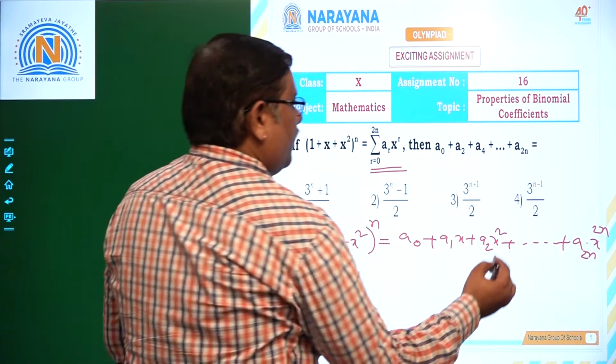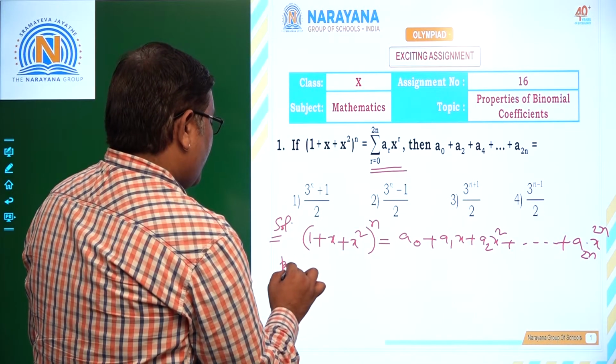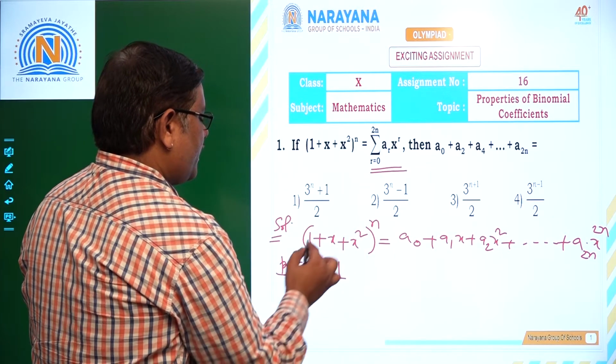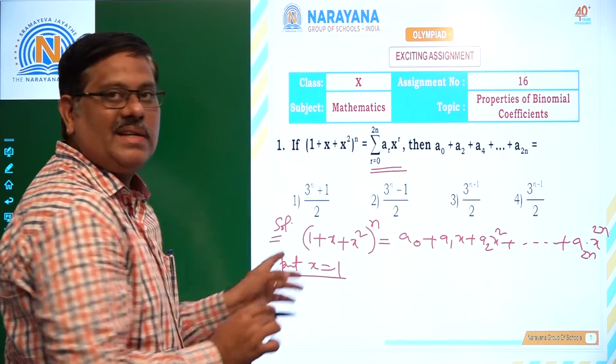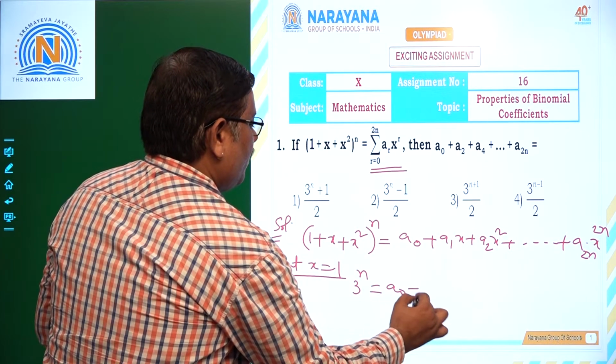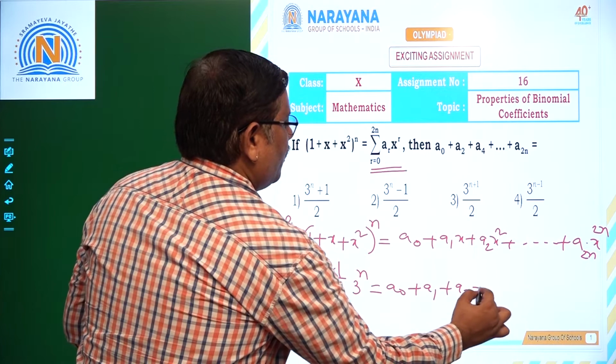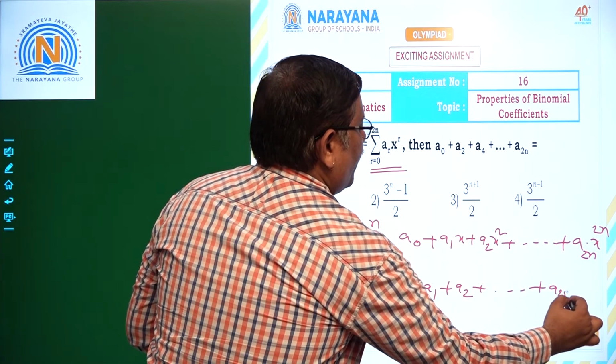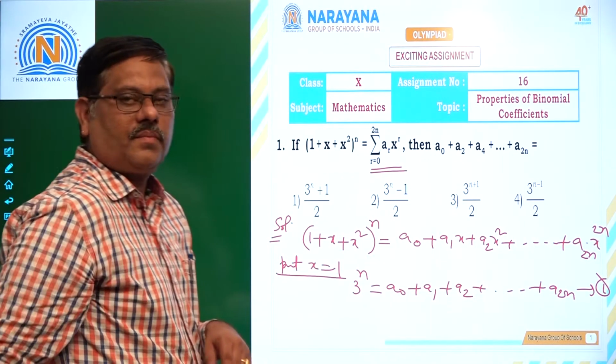Fine, let me take this as given. Now let us take x as 1. Taking x as 1, 1 + 1 is 2, so we get 2^n... Consider it as condition number 1: 3^n = a0 + a1 + a2 + so on + a2n.